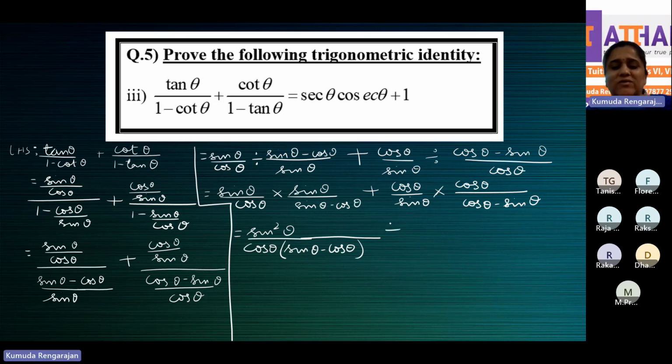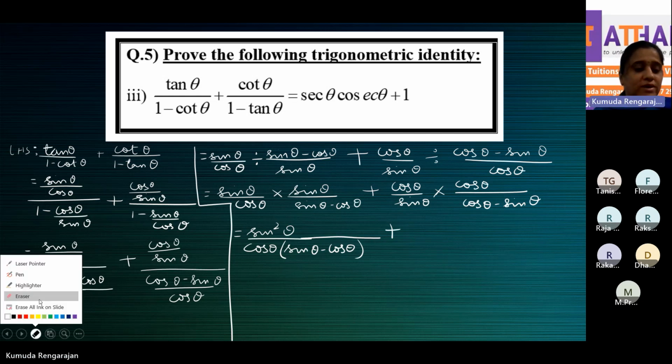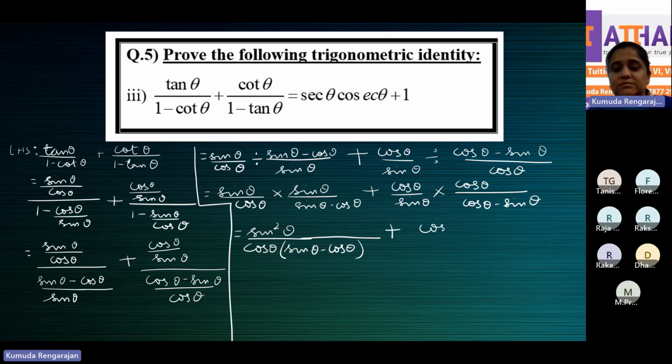Even if you multiply, you'll have cos theta sine theta minus cos square theta, and again you'll feel there's something common and bring out the common factor. Never multiply. If nothing can be done towards the end, we'll do it. Cos theta divided by cos square theta, into cos theta.